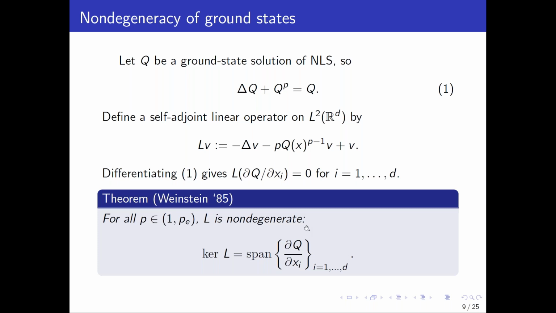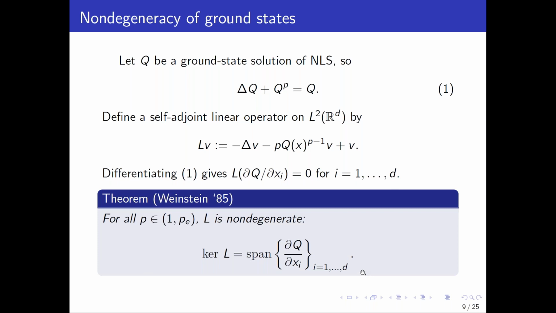So Weinstein was only able to prove this result for, I think, dimensions 1 and 3, because at the time in 1985, those were the only dimensions in which the uniqueness theorem had been proved up to that point. But once Kwong's result was proved, then Weinstein's argument turned into a complete proof for all dimensions.